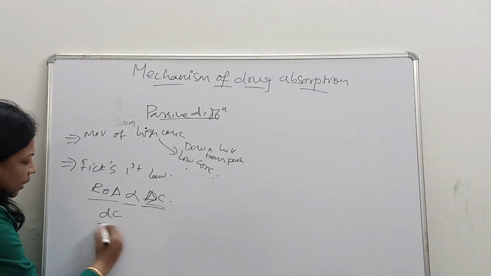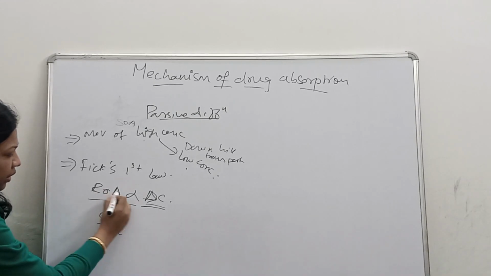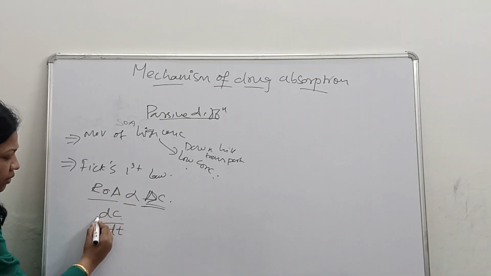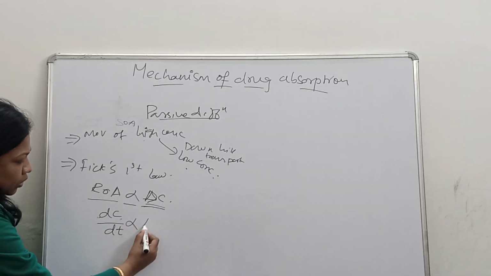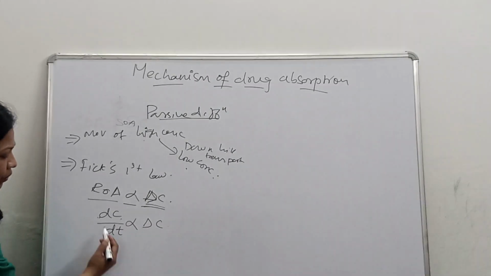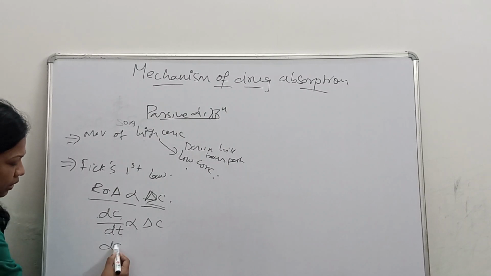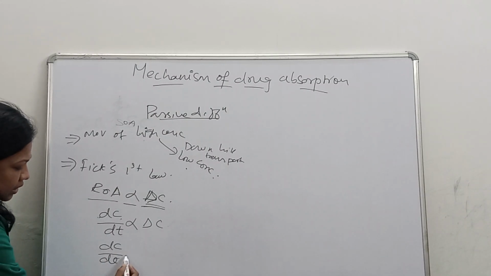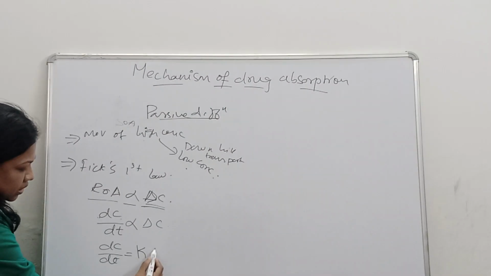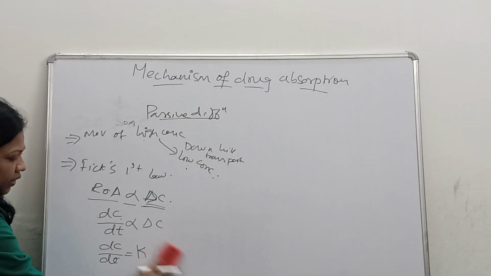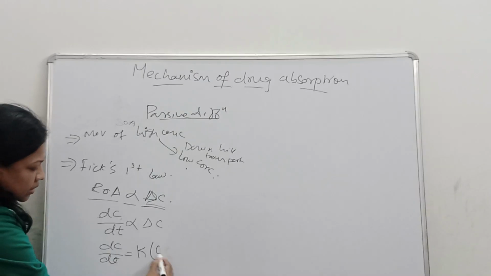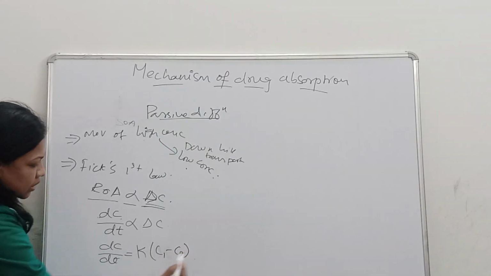This can be mathematically written as, rate, dC upon dt, that is change in concentration with respect to change in time, is proportional to delta C. If you expand this equation, then dC upon dt is equal to a constant into delta C, and expanding delta C, this will become C1 minus C2.